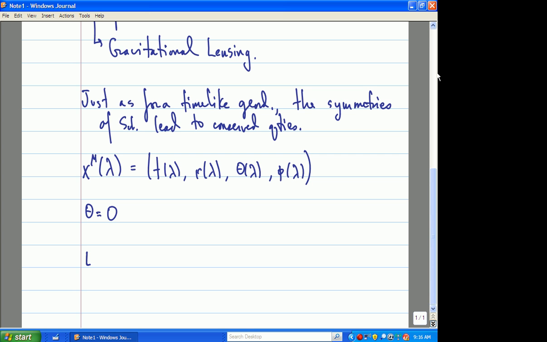For example, there is a conserved energy, meaning that associated with this geodesic there is a quantity E, which is independent of λ, which is proportional to t dot, and there's a quantity L, which is the angular momentum of the geodesic, which is proportional to φ dot. And these are constructed by contracting the Killing vector with the tangent vector of this geodesic. And for an affine parameter, then these will be independent of λ.